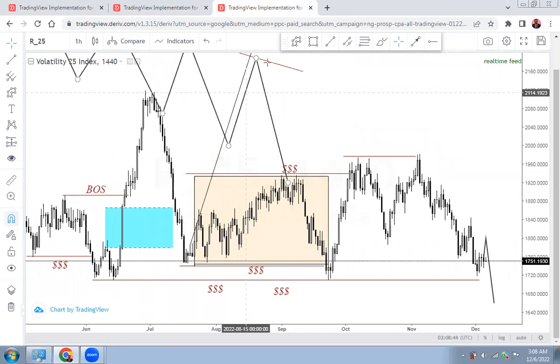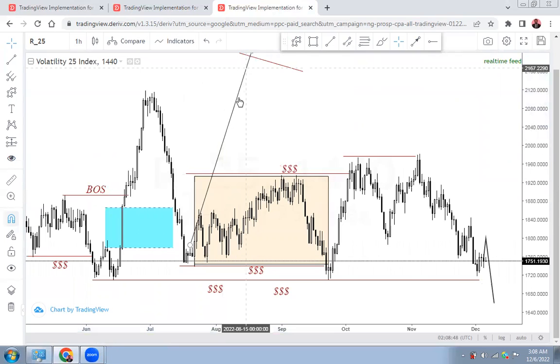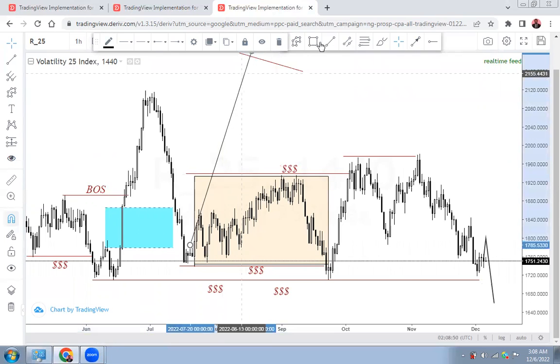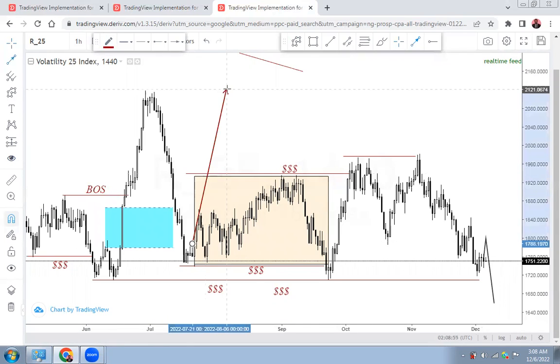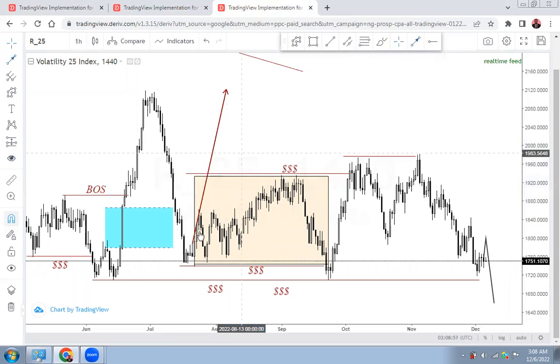So let me remove this. While we're expecting price to go up from here, let me use the arrow sign to go up from here. Price didn't obey that. So price doesn't want to obey you. Price just wants to do its things. You need to be able to figure out what price is doing so that you can trade the market.